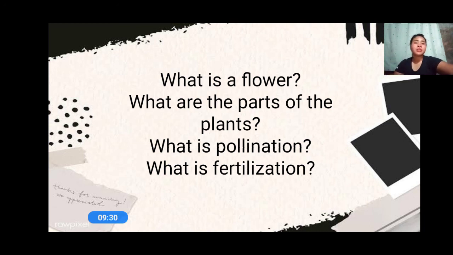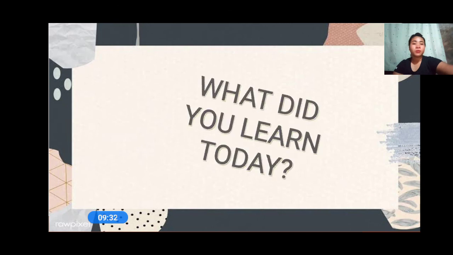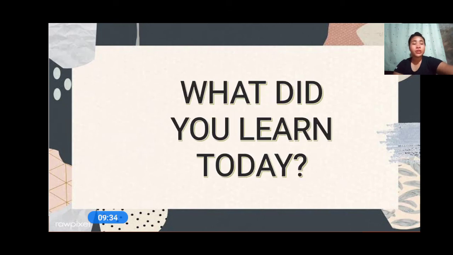Okay, so what did you learn today? Today we have learned about how flowers reproduce. They reproduce by pollination and fertilization. Now there are two kinds of pollination: self-pollination and cross-pollination.